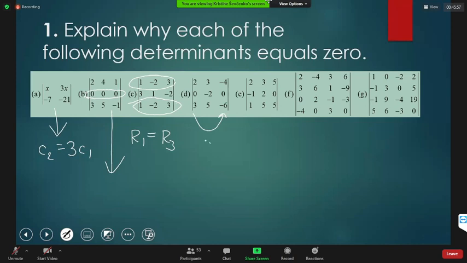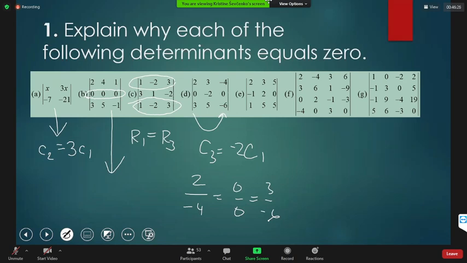So actually, column 3 is minus 2 times column 1, for example. So one column is a multiple of another column, or you could say the columns are proportional. You can think of a proportion to minus 4, 0, 0, 3 to minus 6. The three ratios are the same. That also could be used.